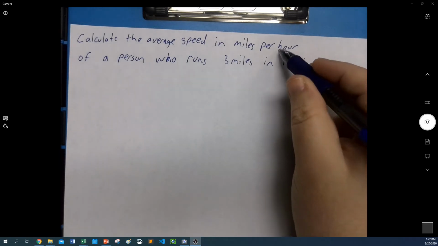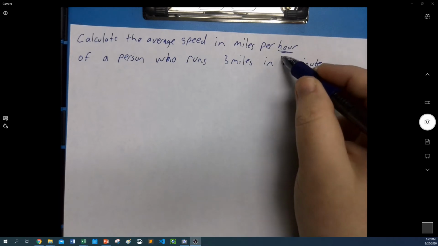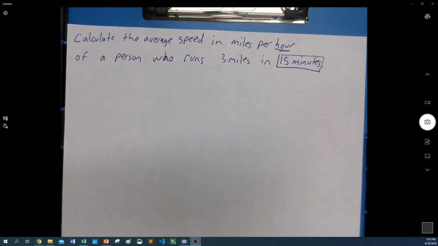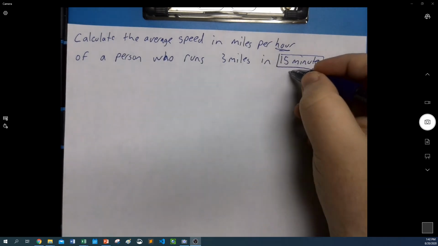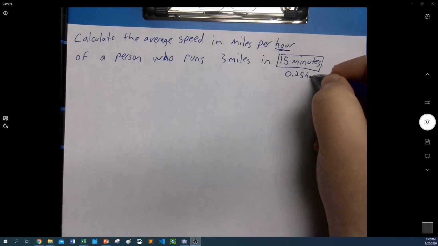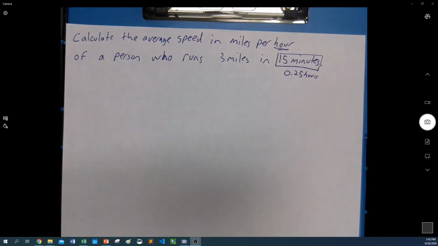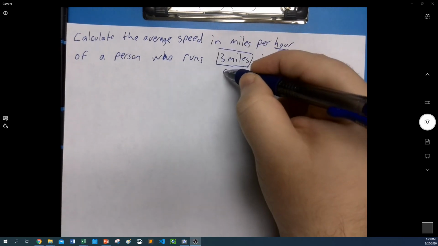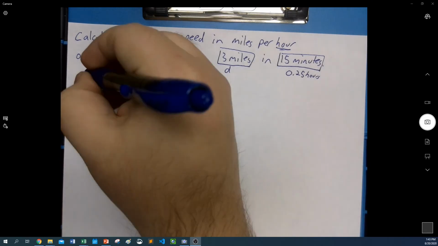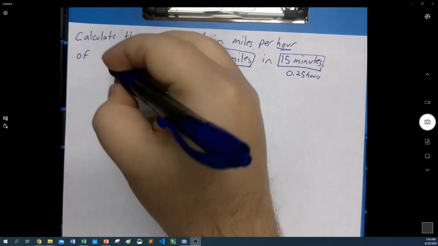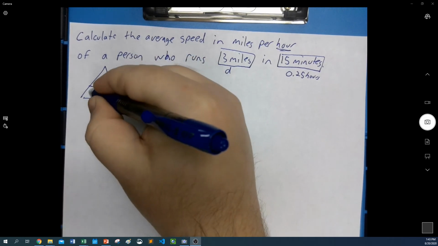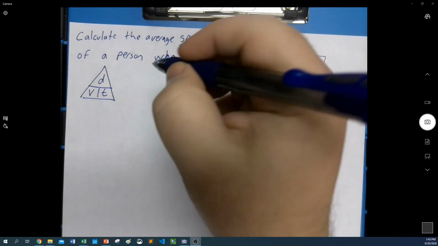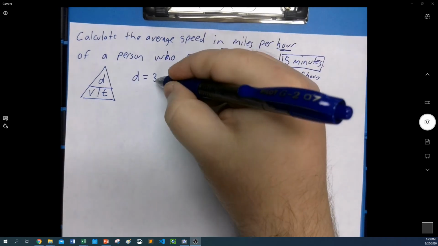So we need it in hours. 15 minutes is what? How many hours? So that's 0.25 hours. Our distance. So we know that speed is equal to distance over time, speed or velocity. We know that our distance is 3 miles.